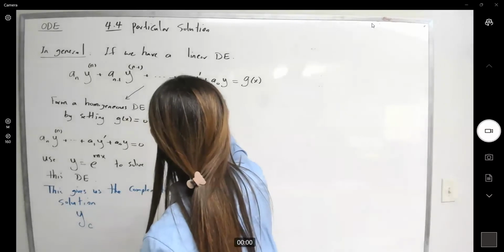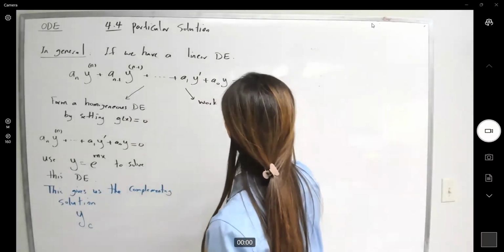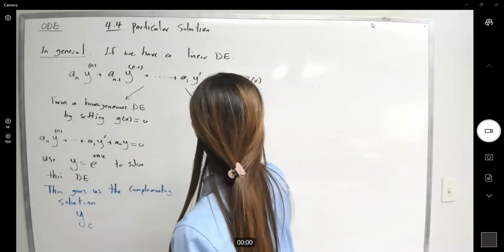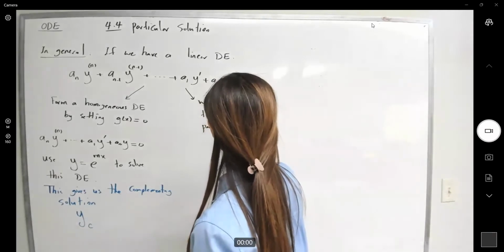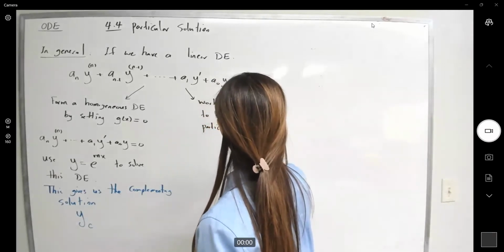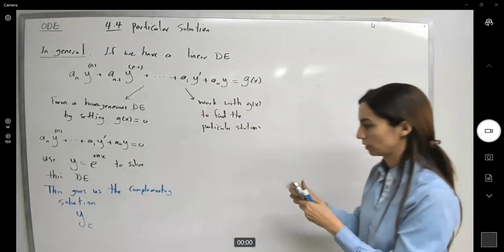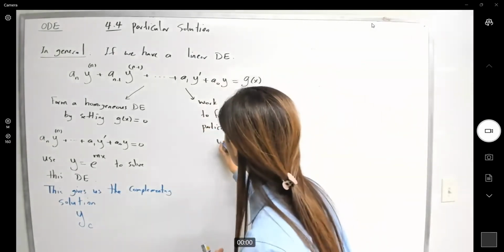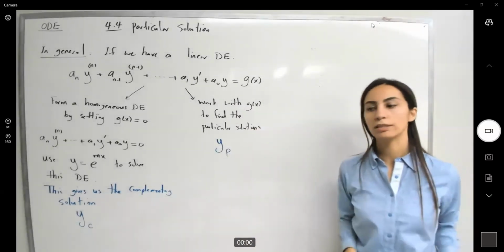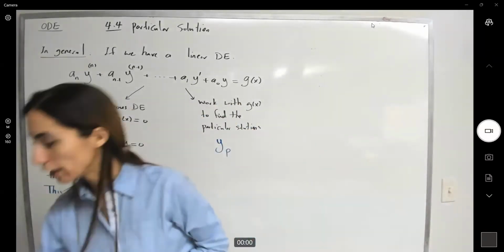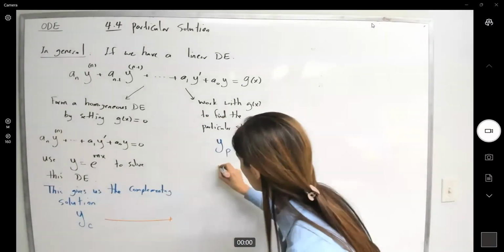Work with g of x to find the particular solution, y sub p. After finding y sub c and y sub p, then add them together to write the general solution for the differential equation.